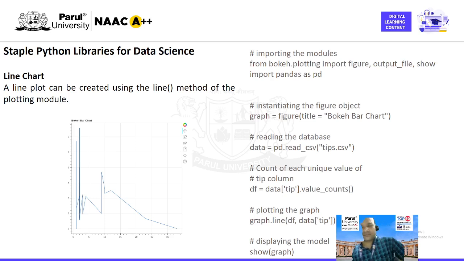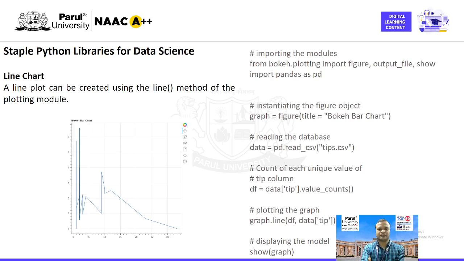So for importing, firstly we import the modules: from bokeh.plotting import figure, output_file, then import pandas as PD. Then graph equals figure, and you can give the title here, Bokeh line chart. We mistakenly wrote Bokeh bar chart, but it's a Bokeh line chart.